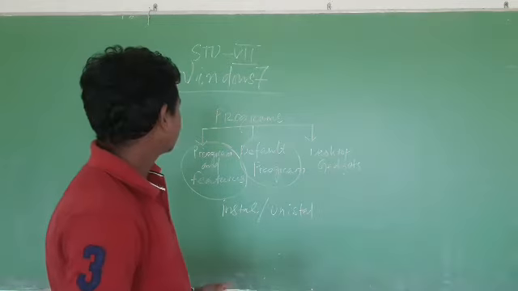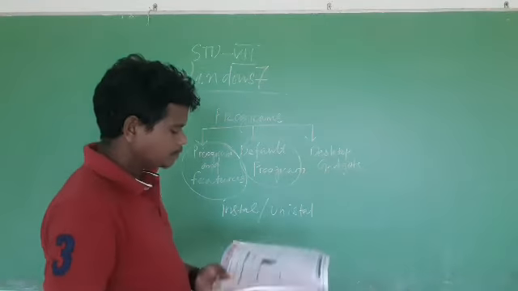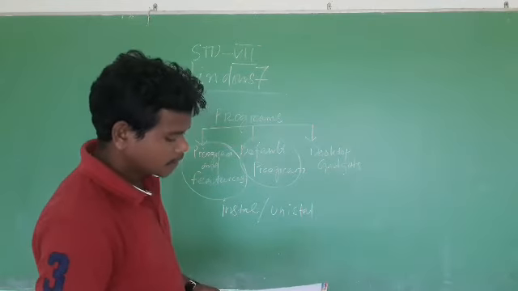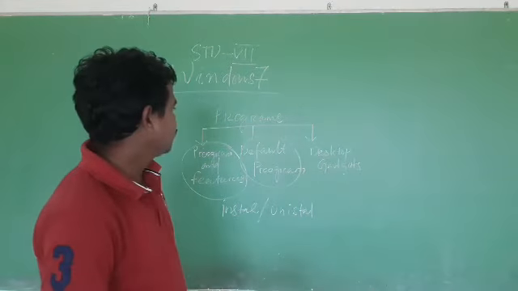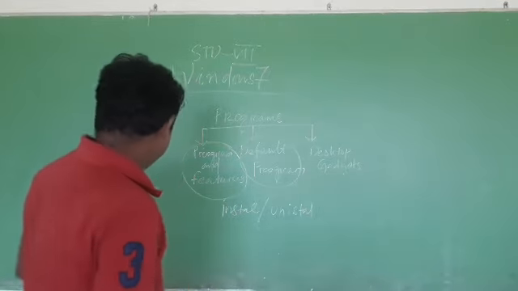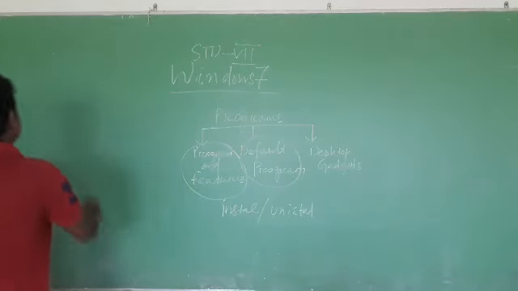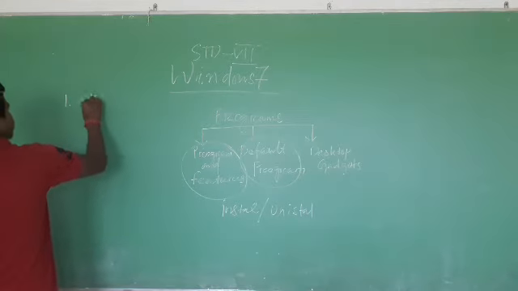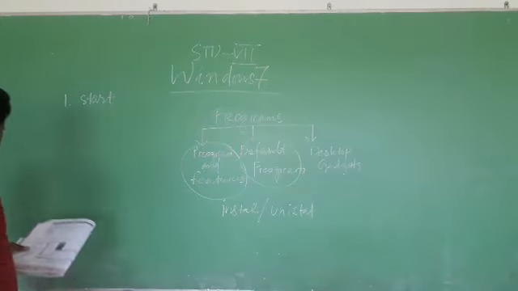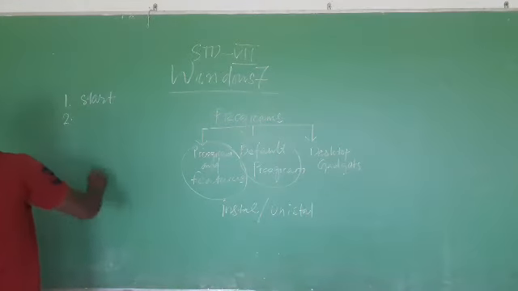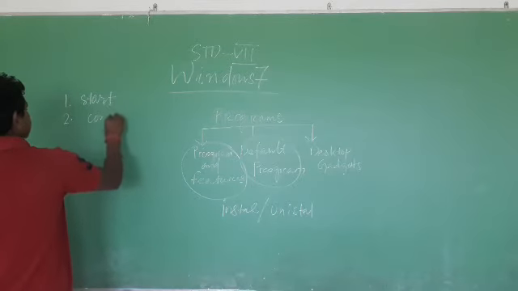So this was the last component of the control panel we discussed. Next we will go to how to change the view style of files and folders. How to change? First, click on the start button. Then click on computer.